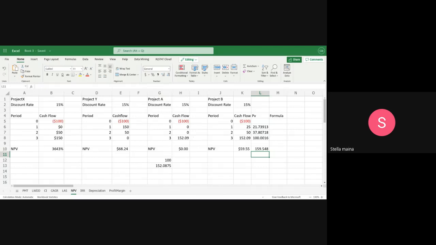So sometimes if you just want to get the direct value here without having to get just the 59, you'll get directly 159.55 without getting only the value itself. You can get the total NPV value.